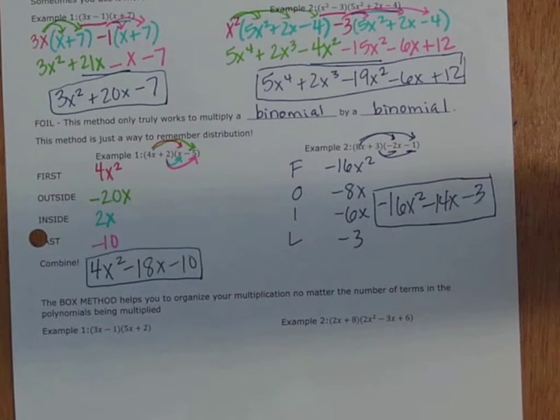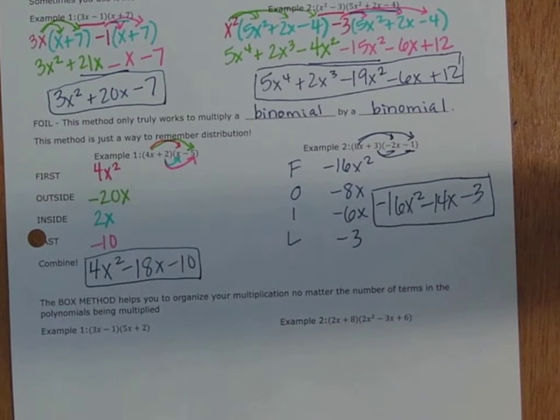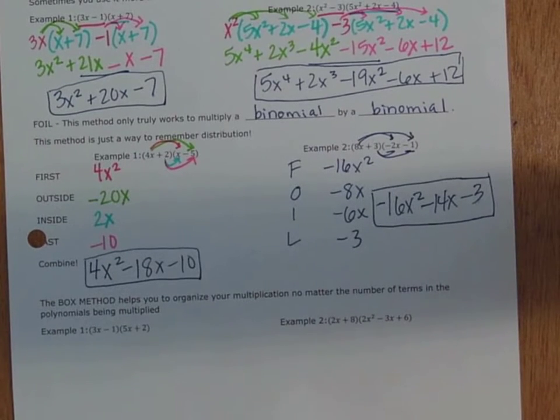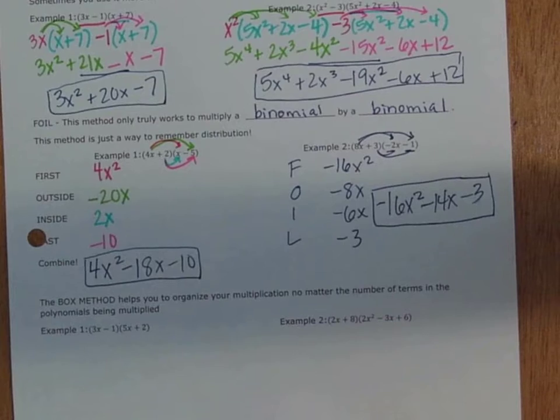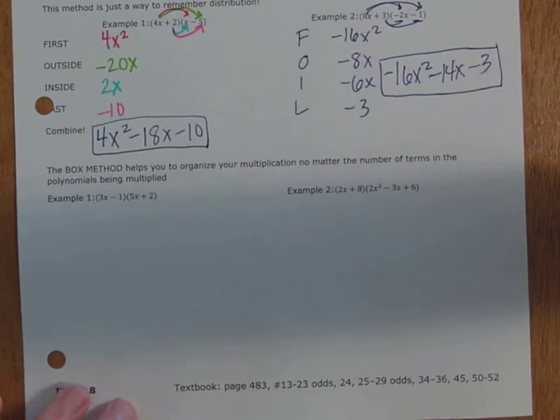Now we're going to use the box method. The box method is just another way to organize your distribution. We're going to show you with binomial times binomial, but honestly the box method I would only use when we had more than binomial times binomial to keep everything organized. Okay?